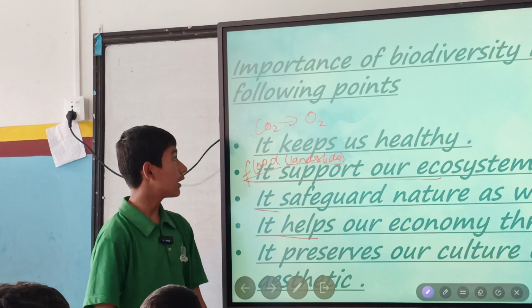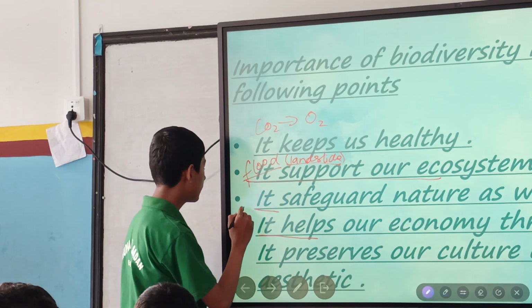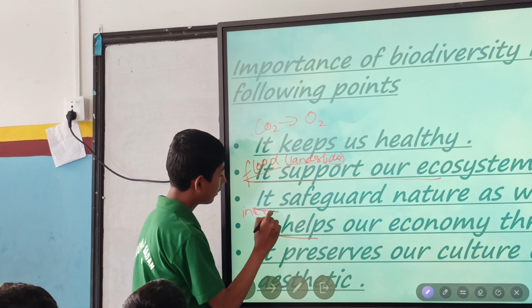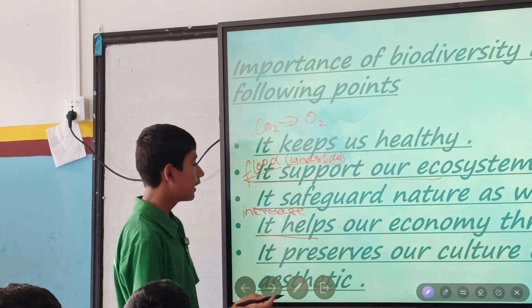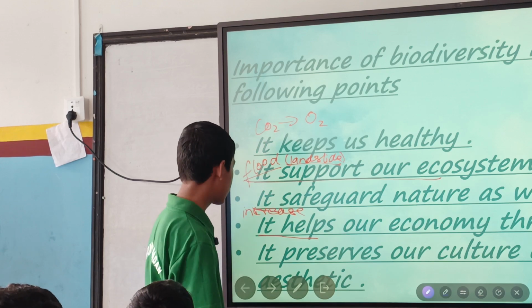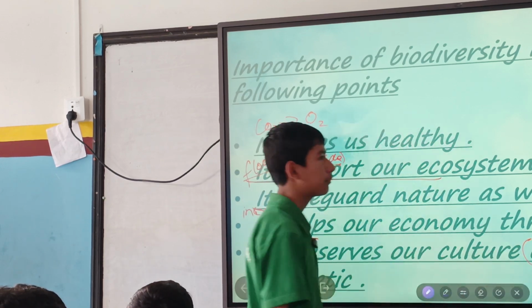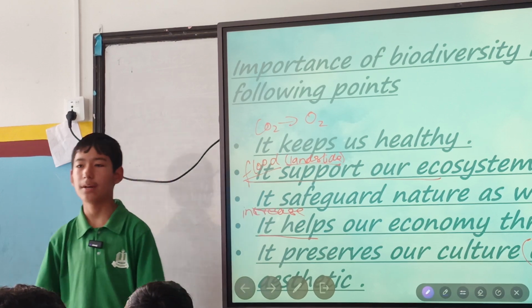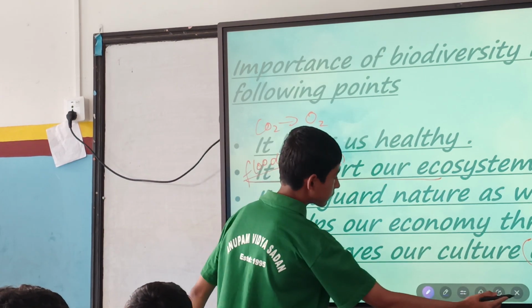It means biodiversity helps increase the amount of good ecosystem in our surroundings. It preserves our cultural ethics and aesthetics. Cultural ethics means the type of moral principles that we have from our older generation.